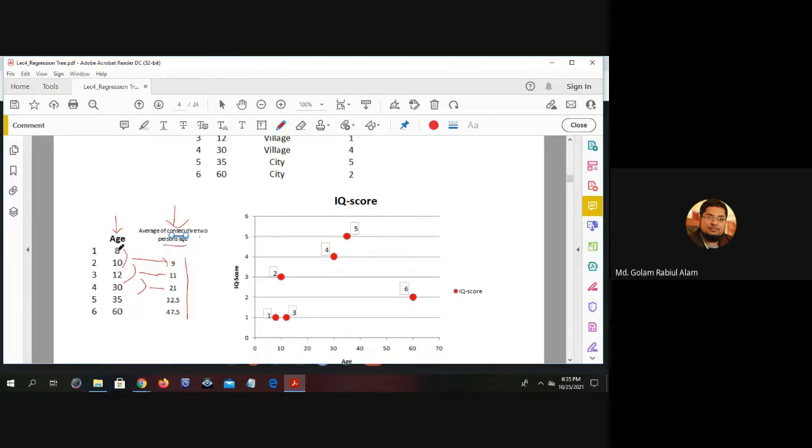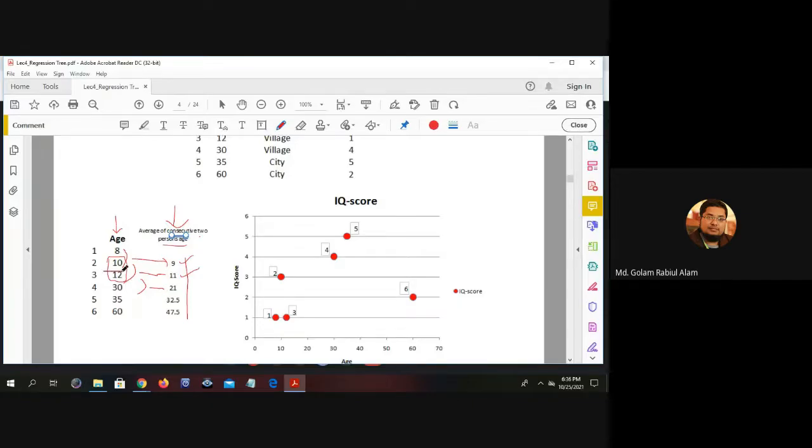Like maybe the average of 8 and 10. Average of 8 and 10 is 9. Then again, I have to take the average of 10 and 12. So 10 and 12 average is 11.